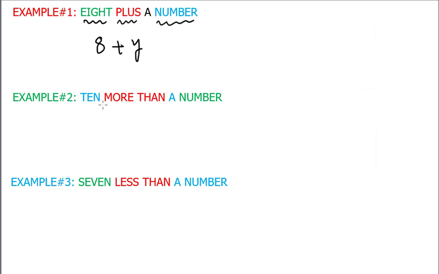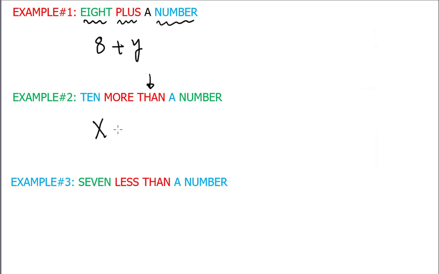What about 10 more than a number? We should always pay attention to the word than. Than indicates we reverse the order. The unknown number comes first and then the 10 comes after, because the 10 is more than this number. Let's assume this number is x.